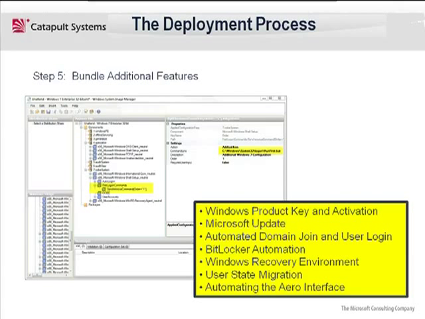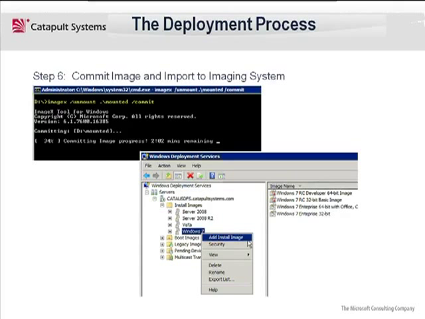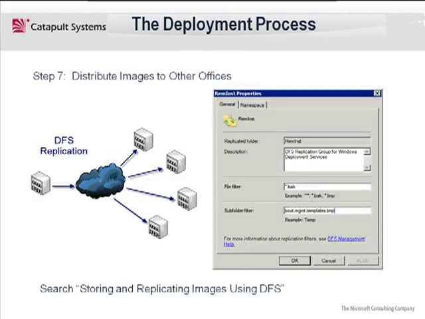So you can script all of this in batch files, and that's essentially what I've done for our imaging process. And I'll show you this later in the presentation. So once you've done injecting your drivers, you can commit your image with ImageX and import it into your image system. And if you have several branch offices, you can use the distributed file system replication service to dish out the images to other DFS servers in other offices.